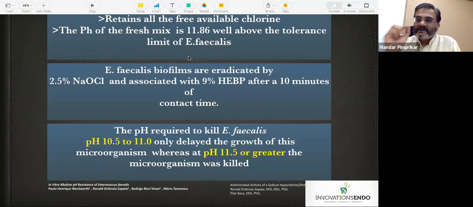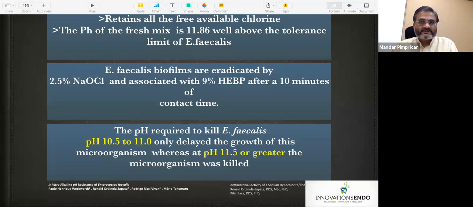So 10 minutes of contact of this continuous chelation Twin Clean solution in the root canal system will take care of E. faecalis. So in revised treatments, in retreatments, or dealing with chronic apical lesions, it is advisable that you go with continuous chelation to have better penetration of hypochlorite.